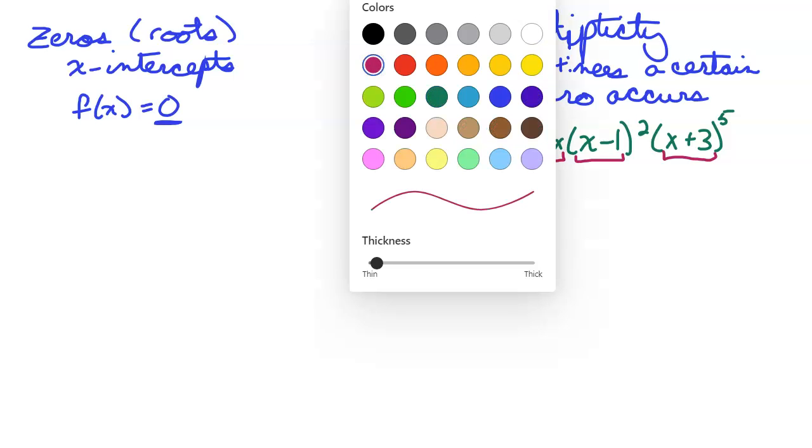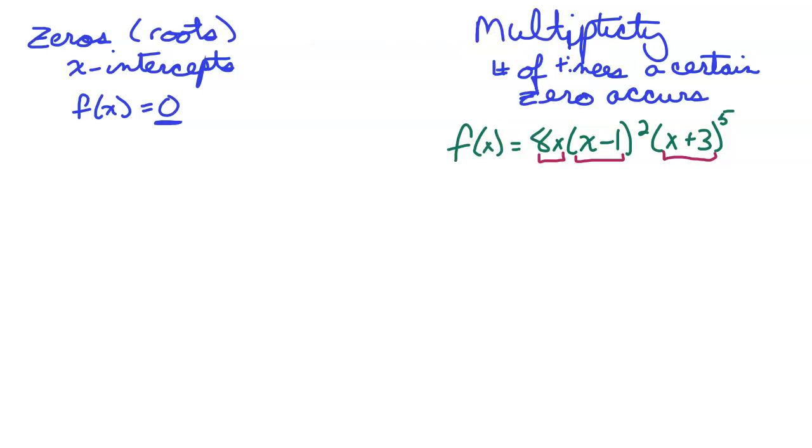When we look at this, for our zeros, our roots, our x-intercepts, we set each of our factors equal to 0. So I'm going to set 8x equal to 0, x minus 1 equal to 0, and x plus 3 equal to 0 to find my actual roots, or x-intercepts, zeros.